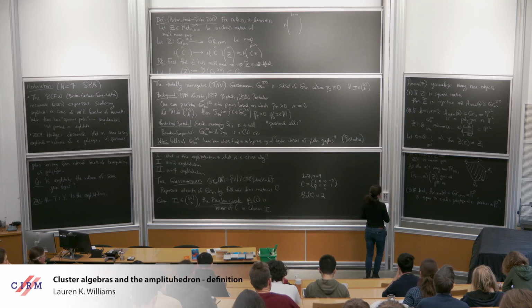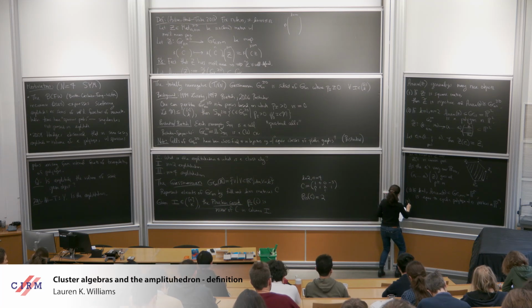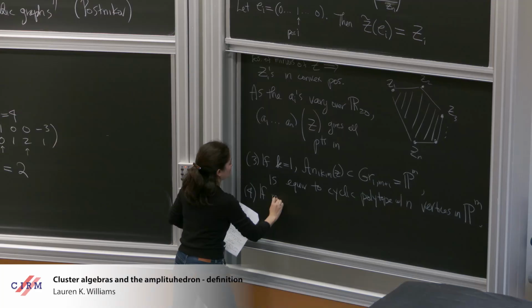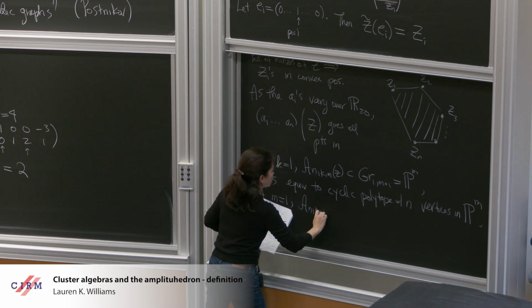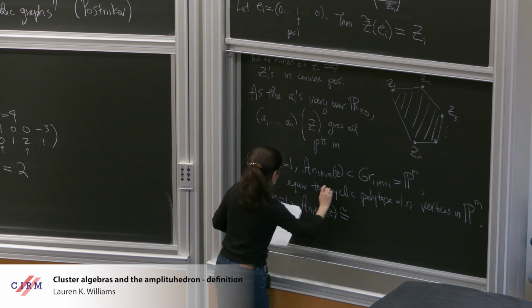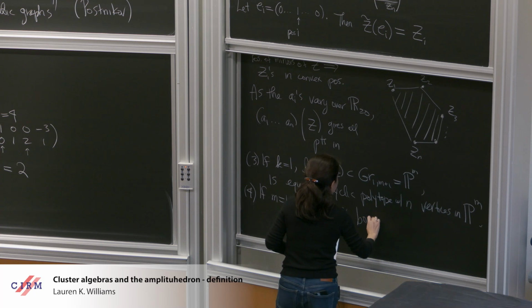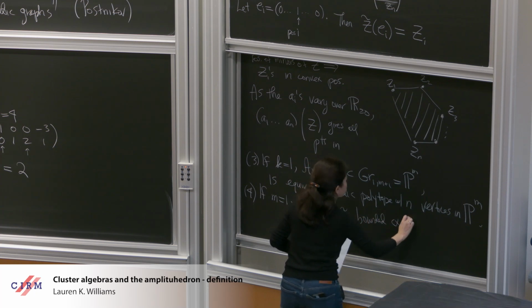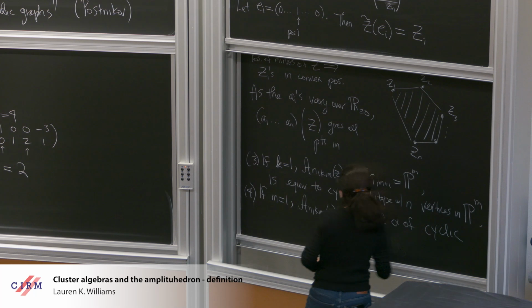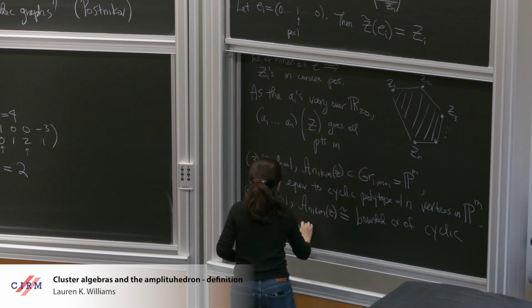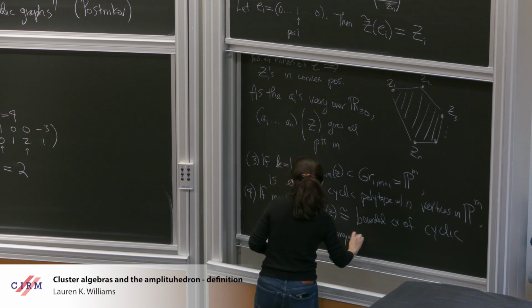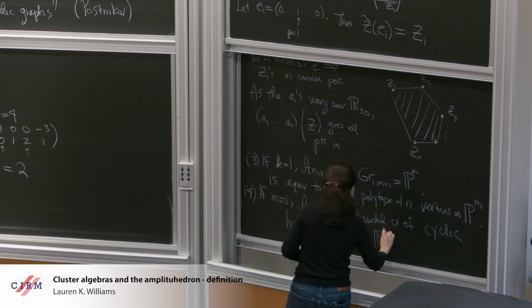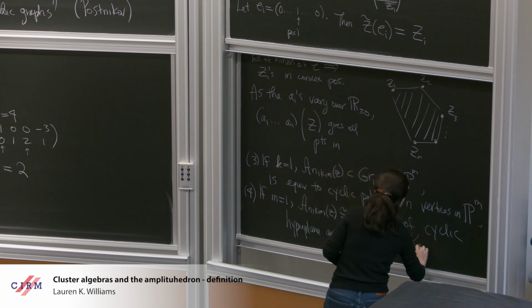Oh, and I'll add one more example to this list. So if we take instead the case where m equals 1, then the amplituhedron is homeomorphic to the bounded complex of a cyclic hyperplane arrangement in P^k, and this was a case that was worked out in joint work with Stephen Karp.